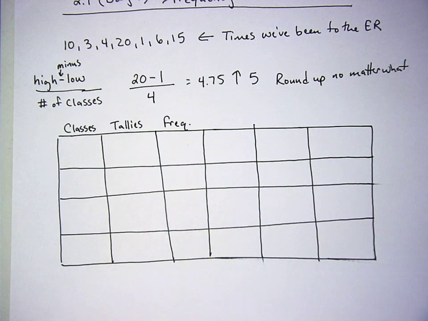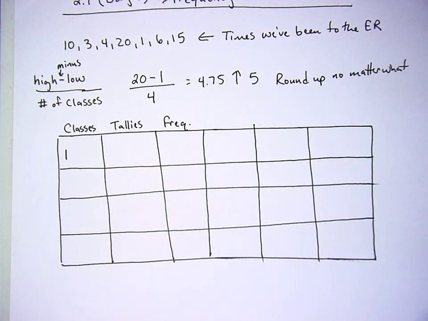Sometimes you might have an empty class at the end, and that's okay. Better than having something where there's no room. But this is how statisticians always organize their data. Okay, so we start with the lowest number, and you put it right here, 1.